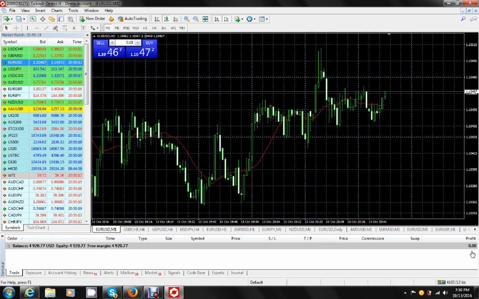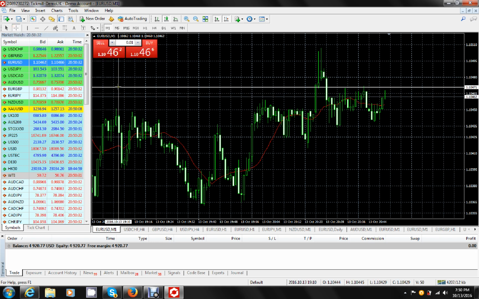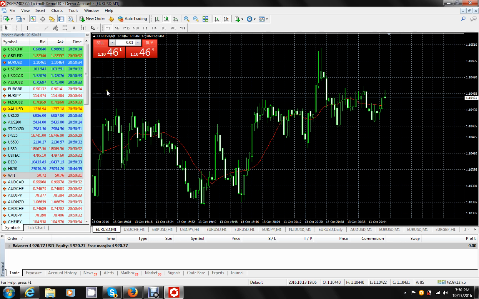So right now, you know how to sell, how to buy, you know how to put a stop loss, how to put a take profit, you know how to change your time frame, you know how to measure, right? And then here are lines. I'm going to show you two lines. This line is called a trend line.